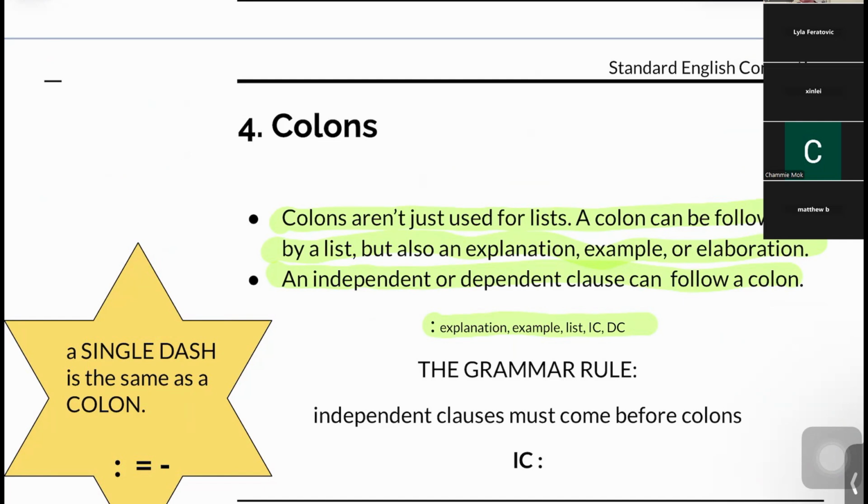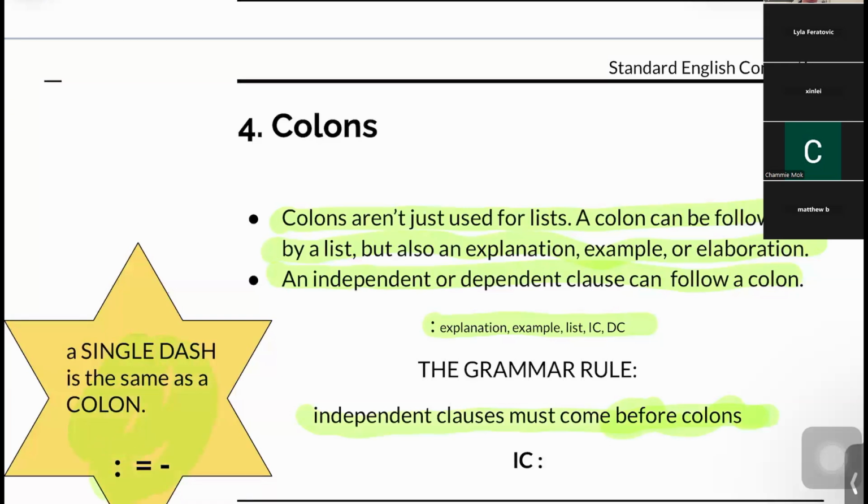However, there is one very important rule for what comes before colons, and that is that independent clauses must immediately precede a colon. You'll have an independent clause, colon, and then after that, anything goes. So that is the most essential grammatical rule about colons: it must be immediately preceded by an independent clause.